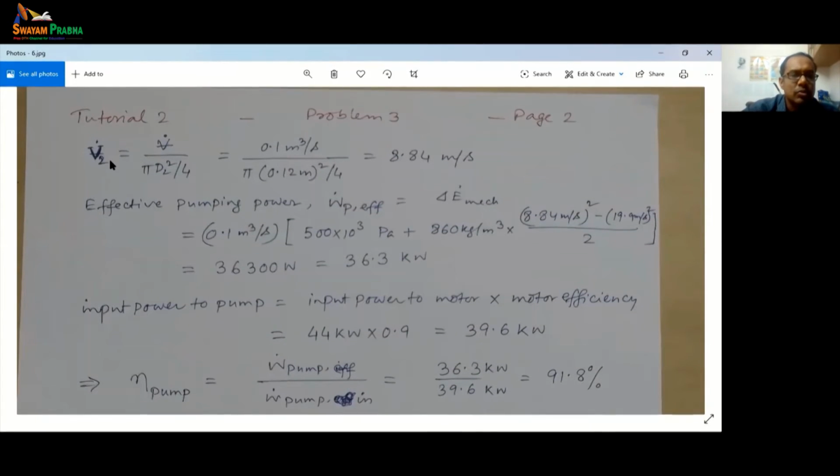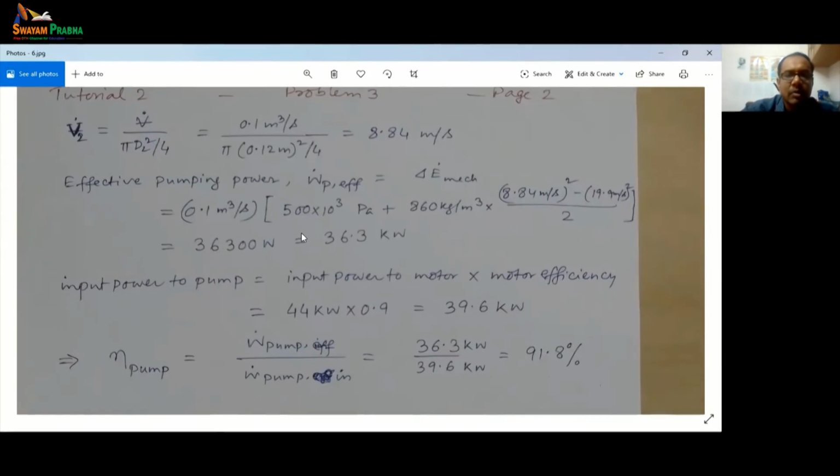Again, V2, the velocity at outlet condition, will be the same volume flow rate divided by pi d2 squared by 4, and this d2 is nothing but 12 centimeter or 0.12 meter. Okay, so if you simplify, you will get the velocity to be 8.84 meter per second. So now we'll put all the information that we have found in to find this delta E mechanical.